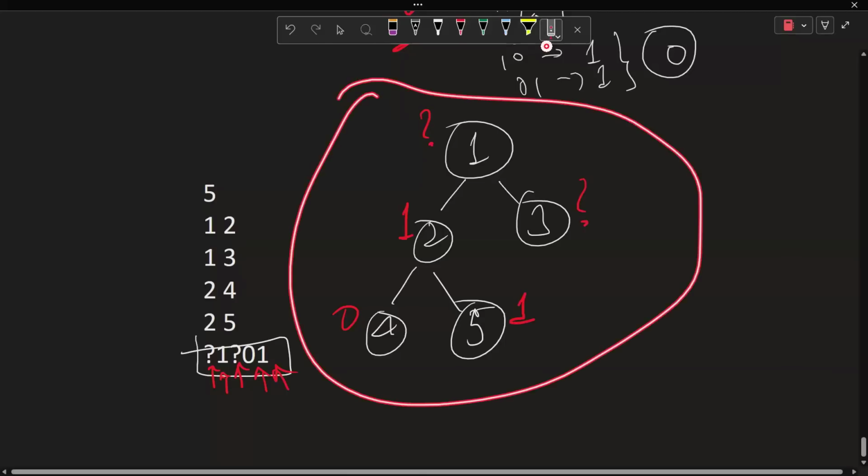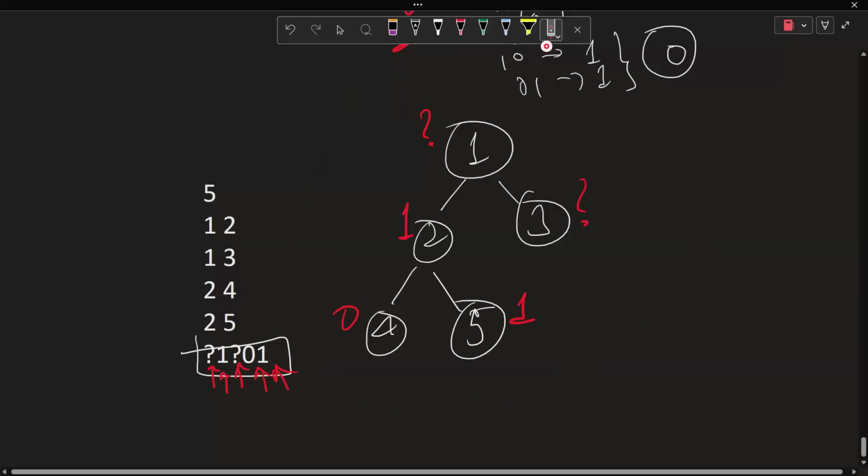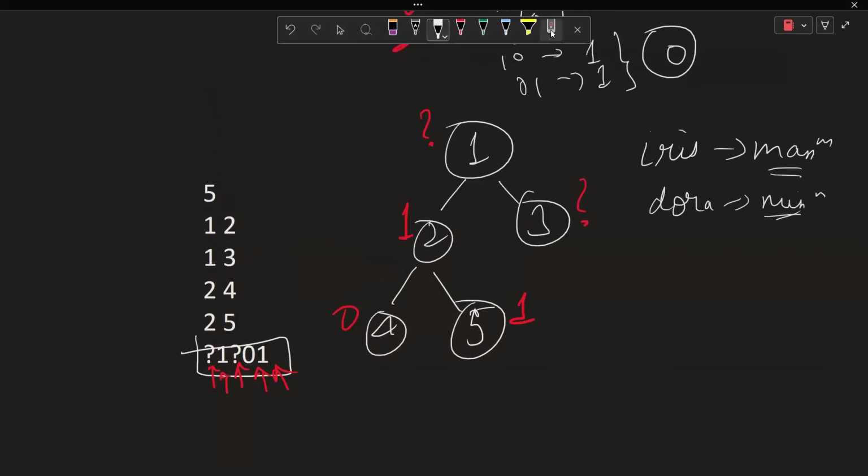You need to find the final score of the tree if Iris and Dora play optimally, where Iris would aim to maximize the score and Dora would aim to minimize the score. So if both of them play optimally, what's the final score? Now let's see what we can do.